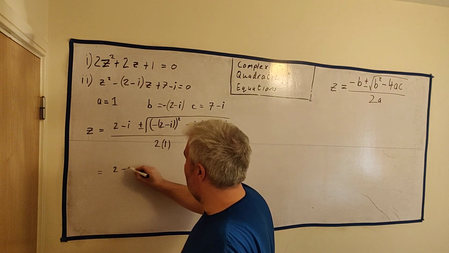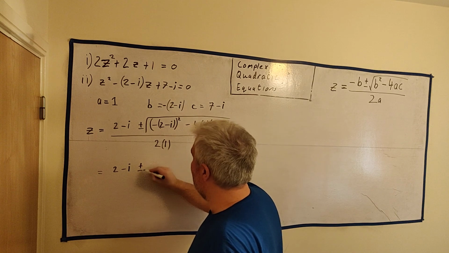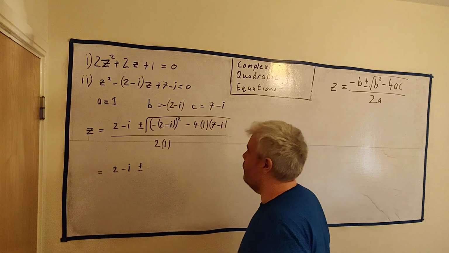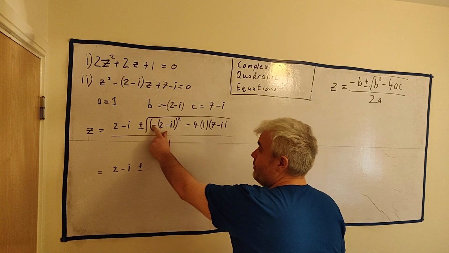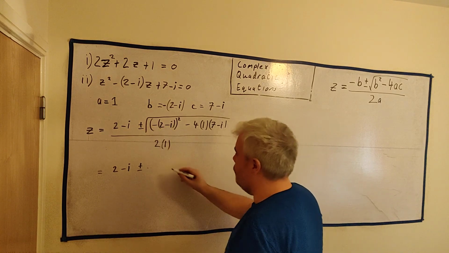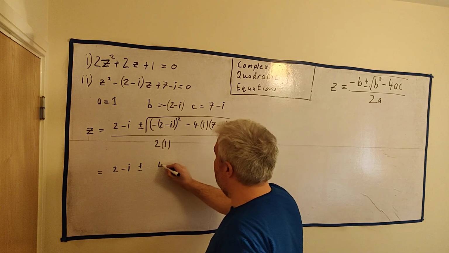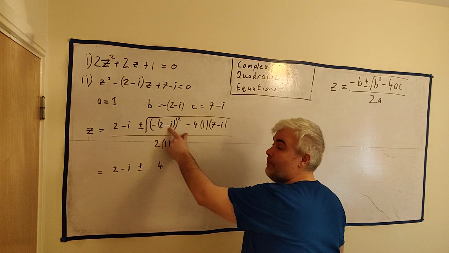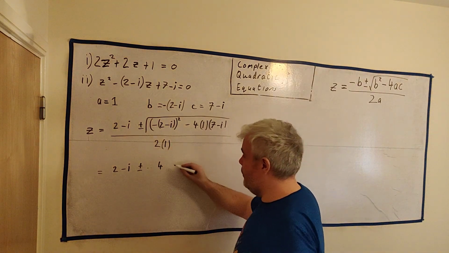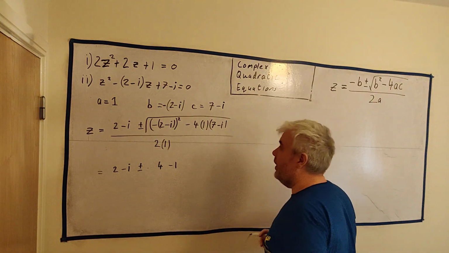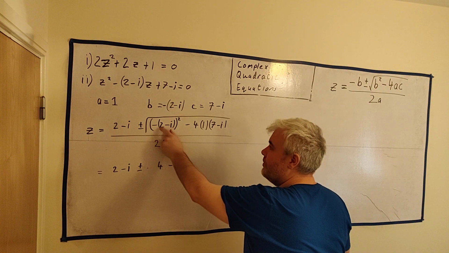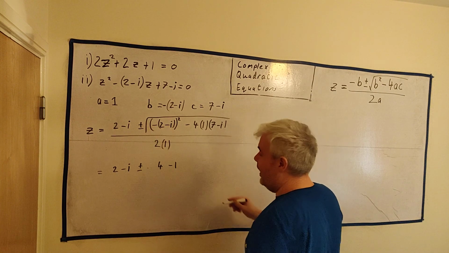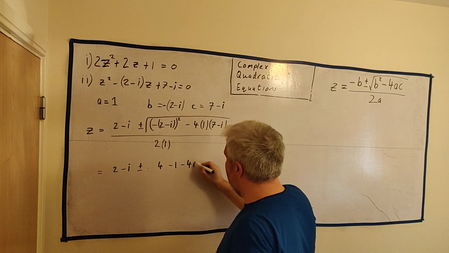We get 2 minus i, plus or minus, and inside this square root we'll get, this minus by minus will be plus. 2 2's will be 4. Minus i by minus i will be plus i squared, which is minus 1. And then 2 by minus i is minus 2i. The same again is minus 4i.